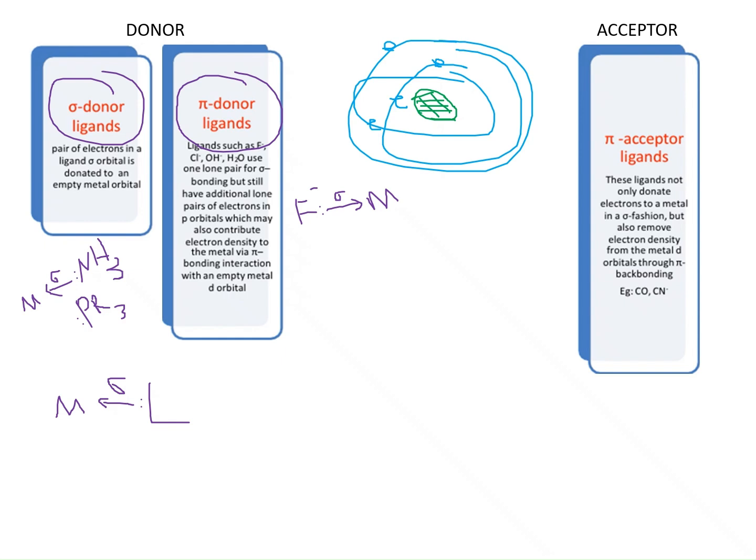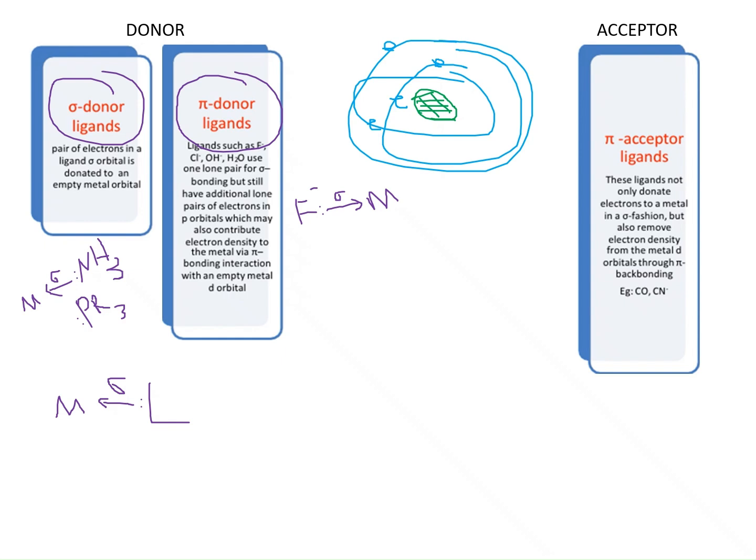Giving out electrons is basic. So this is not restricted only to metals or non-metals. Any elements, any ions, any species that accept electrons are Lewis acidic, whereas if they donate electrons, they are Lewis bases, they are basic.